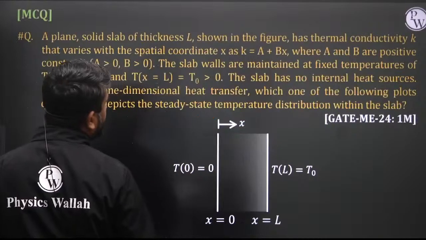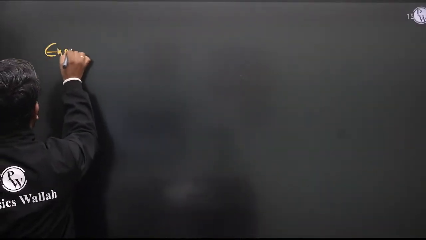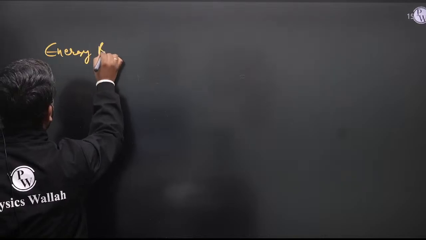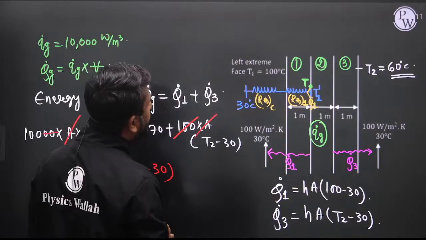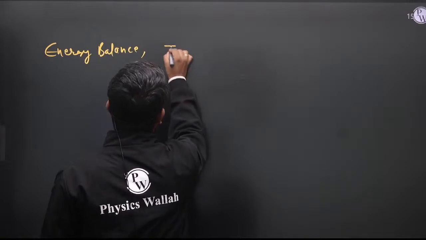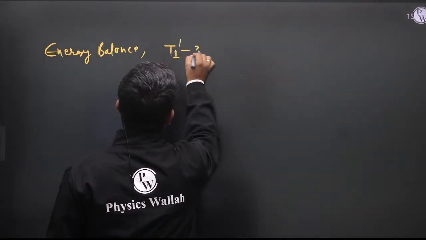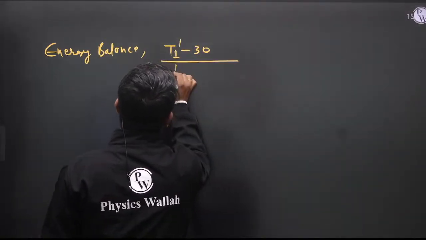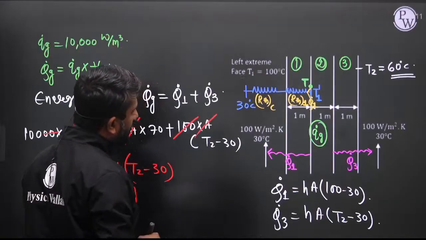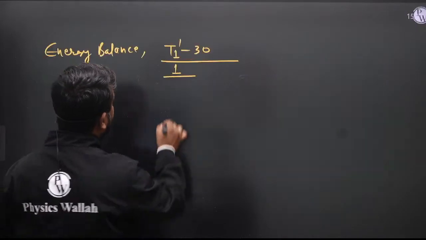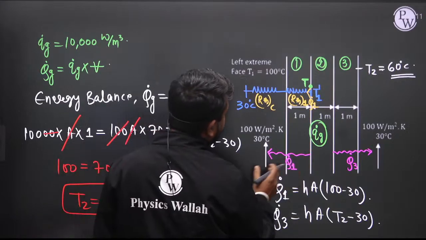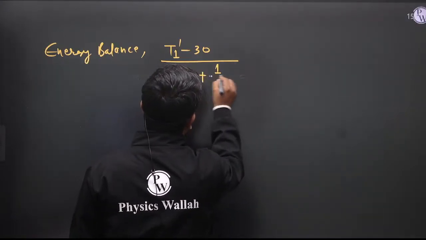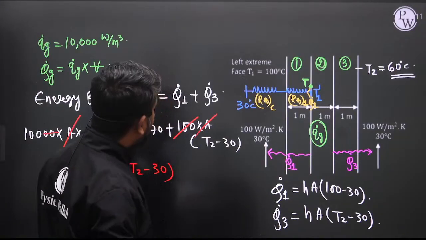See, if you apply the energy balance, we can write T1 dash minus 30, divided by 1 upon H, that H is 100, plus this thickness is 1, so 1 upon delta by K. And what is the thermal conductivity?